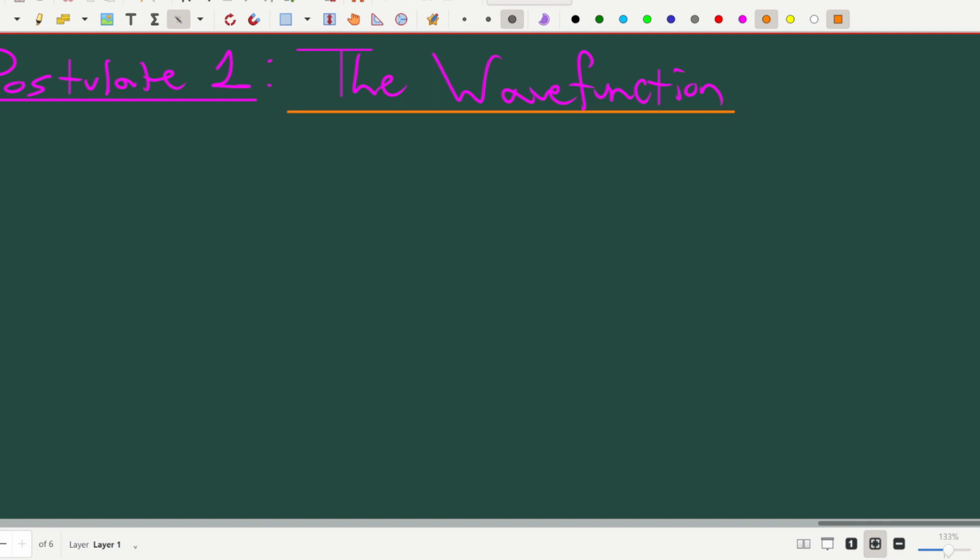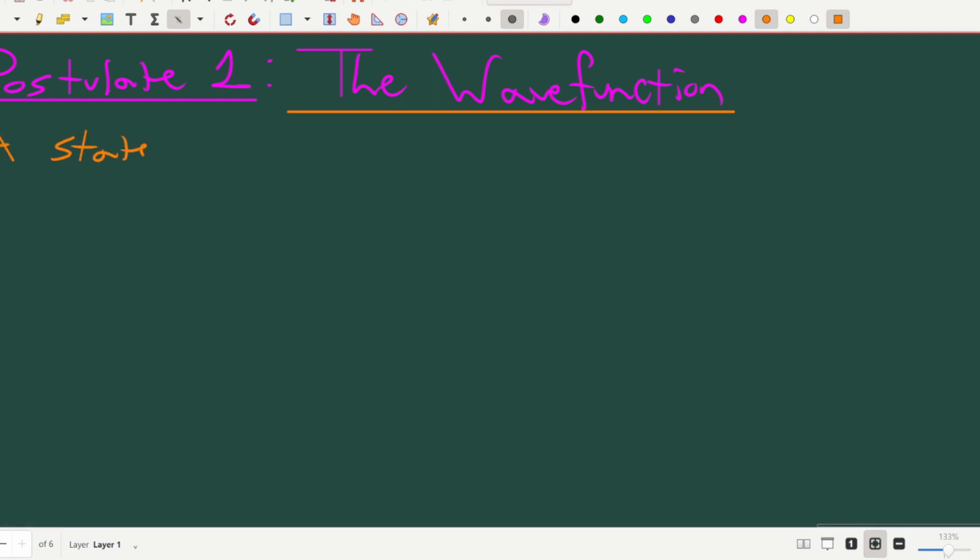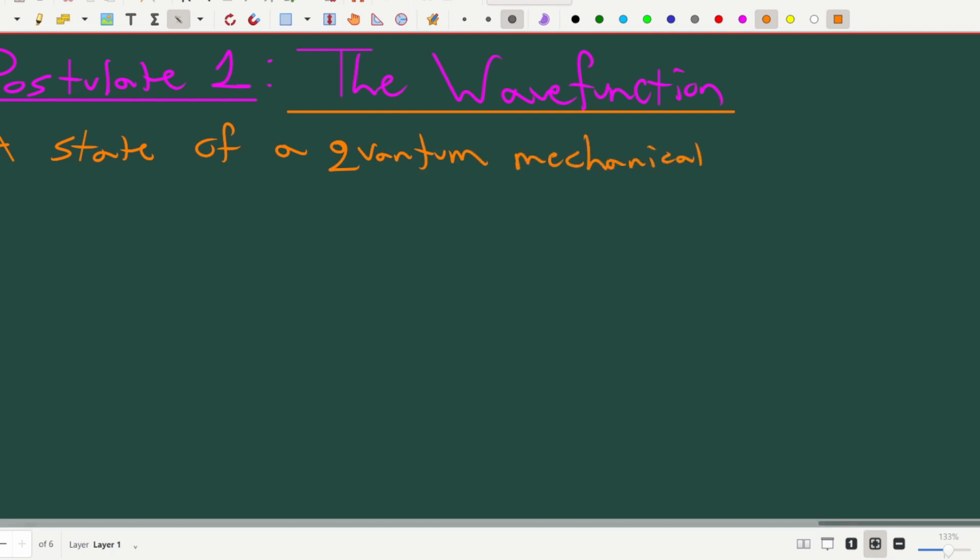Okay, so I'm just going to write some text here and talk about it. So a state of a quantum mechanical system. What I mean by state, it could be like, say, a white electron or a black electron, but it could also just be an electron.